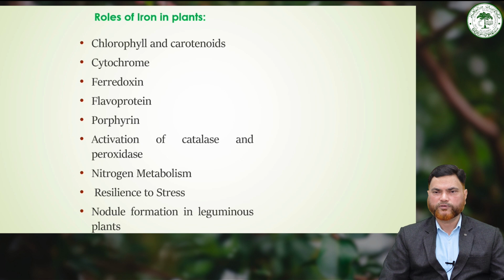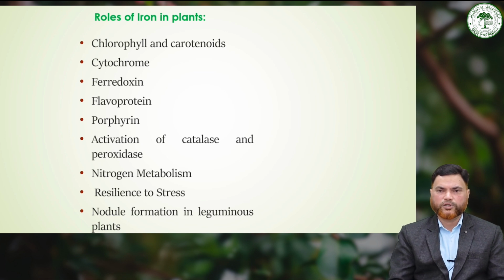Iron is also a very important component of cytochrome, ferredoxin, flavoprotein, formation of chlorophyll, porphyrin, and activation of catalase and peroxidase enzymes. In addition to this, iron is also a very vital component of the iron sulfur clusters present in the very important enzyme nitrogenase.